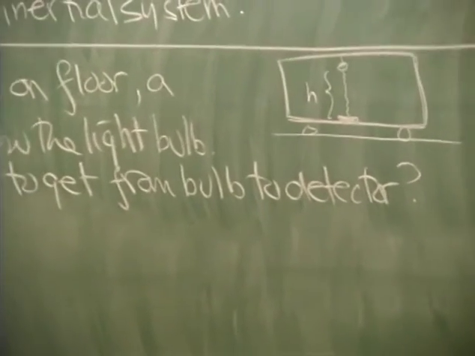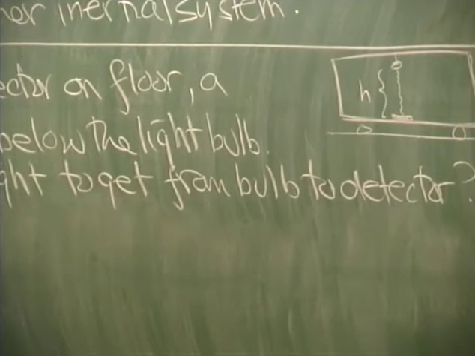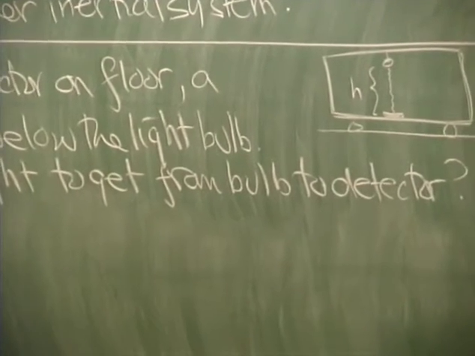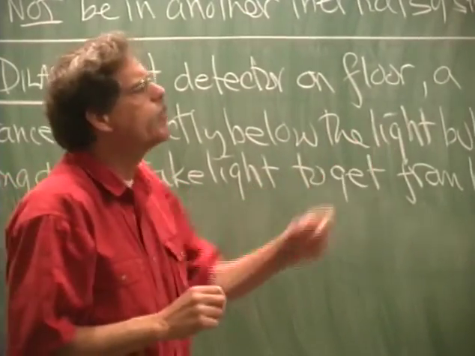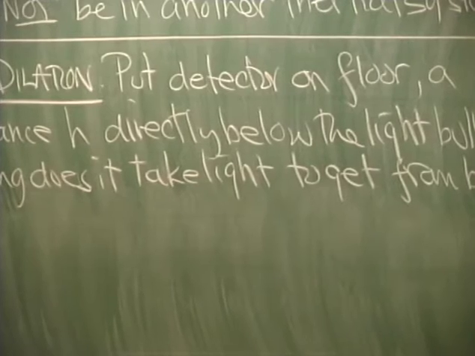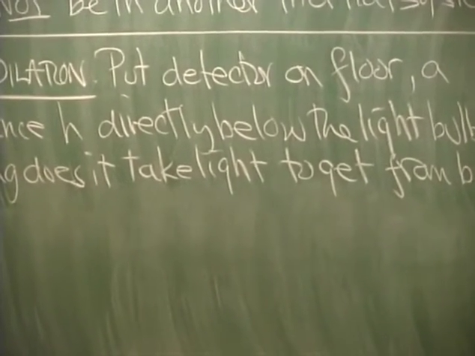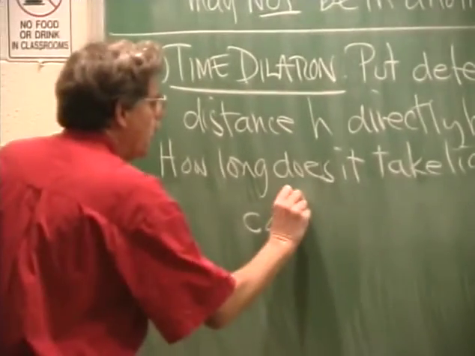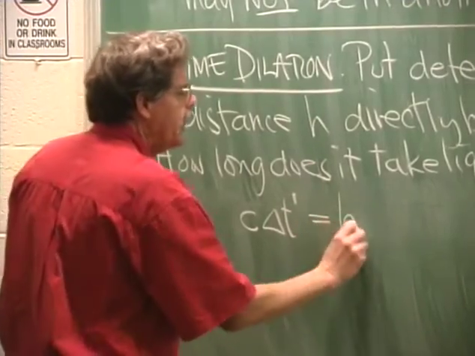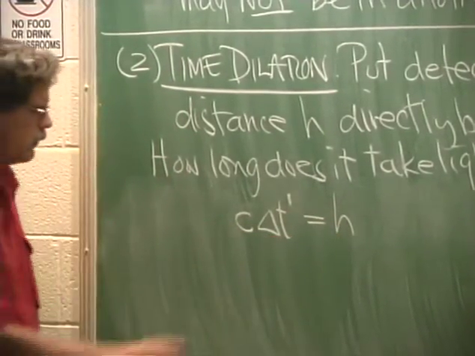How far does it have to go? h. How fast is it going? c. Always going c. So the time, which I'll write with a prime on it for reasons you'll see in a moment. I'm going to use primes for measurements that are conducted on the train car as opposed to measurements conducted on the ground. So c delta t prime is equal to h, the velocity times the time equals the distance.